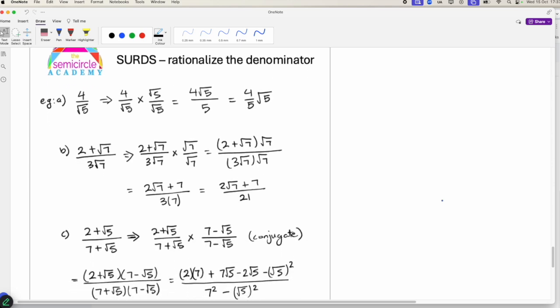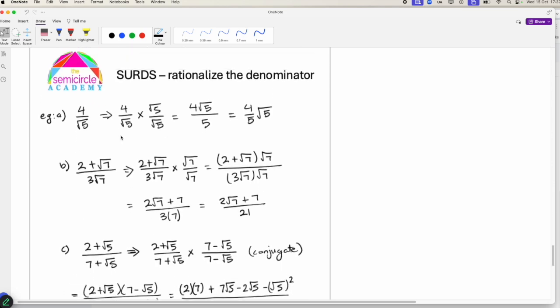Rationalizing the denominator. Let's check example 1. Now, why do we like to rationalize? What do we mean by rationalizing the denominator? You see, I have 4 over the square root of 5. Remember, this is an irrational number. I don't like to have an irrational number in the denominator of a fraction. Remember, the denominator is what you're dividing by.